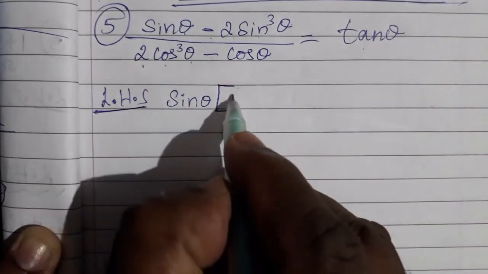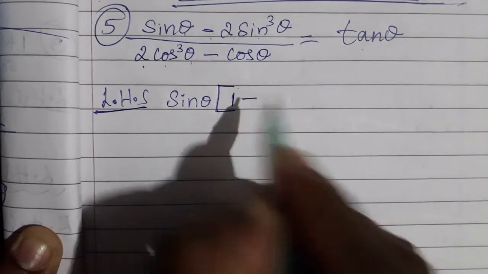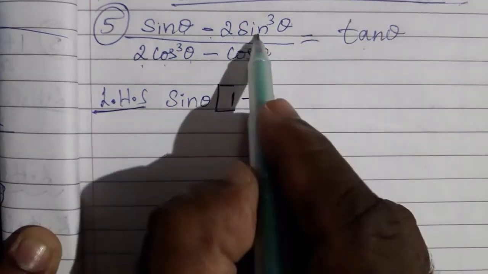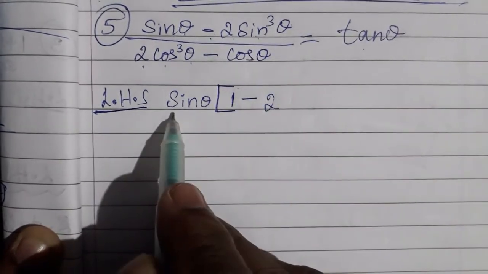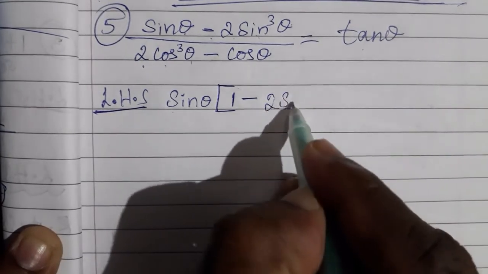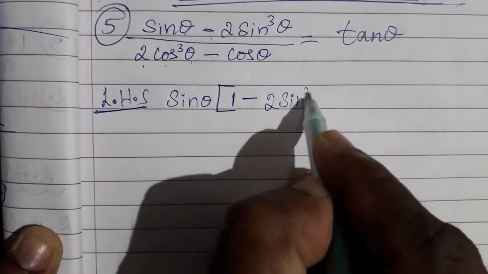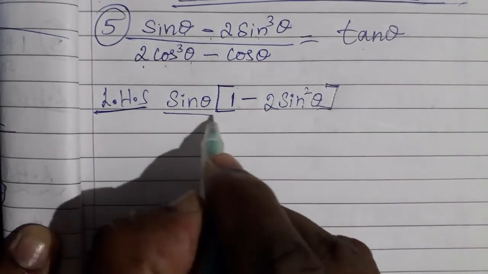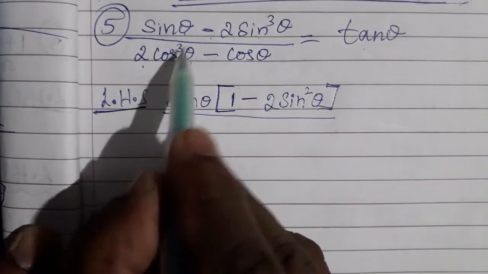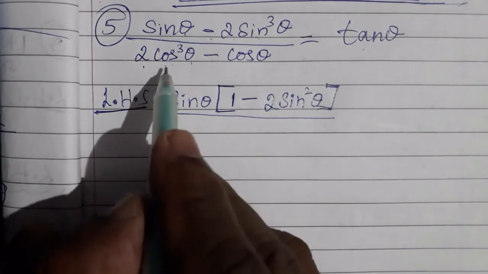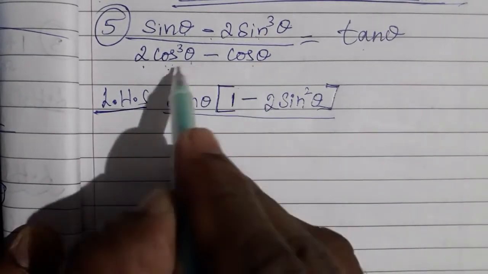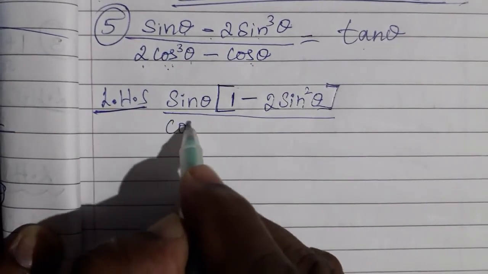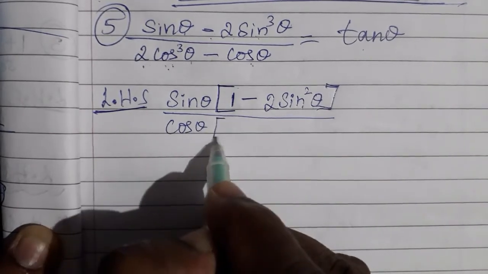What will you get here? I will be writing 1 minus 2, and from sin cube theta, 1 sin theta is already thrown out, so therefore I will have sine square theta. Now in the denominator, 2 cos cube theta minus cos theta. That means cos theta is common. So cos theta, open the bracket.